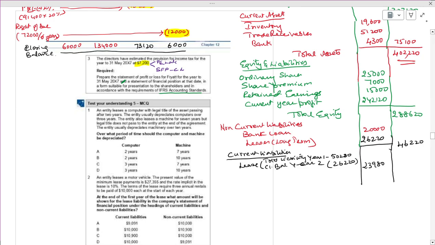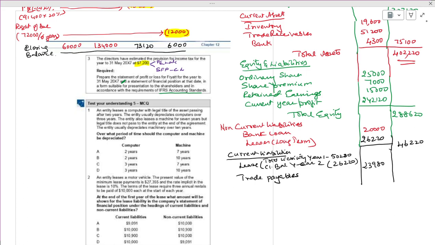Are you understanding now? First time when I explained, you found a lot of doubts. Now you see, the year 2 liability is the non-current liability. The difference between the year 1 and year 2 liability is the current liability. Okay? Are you clear, Hussein?